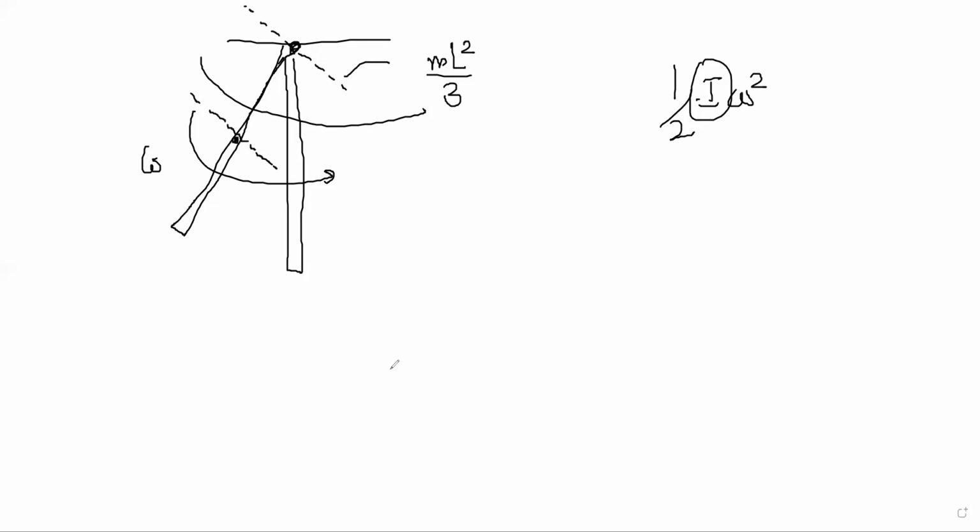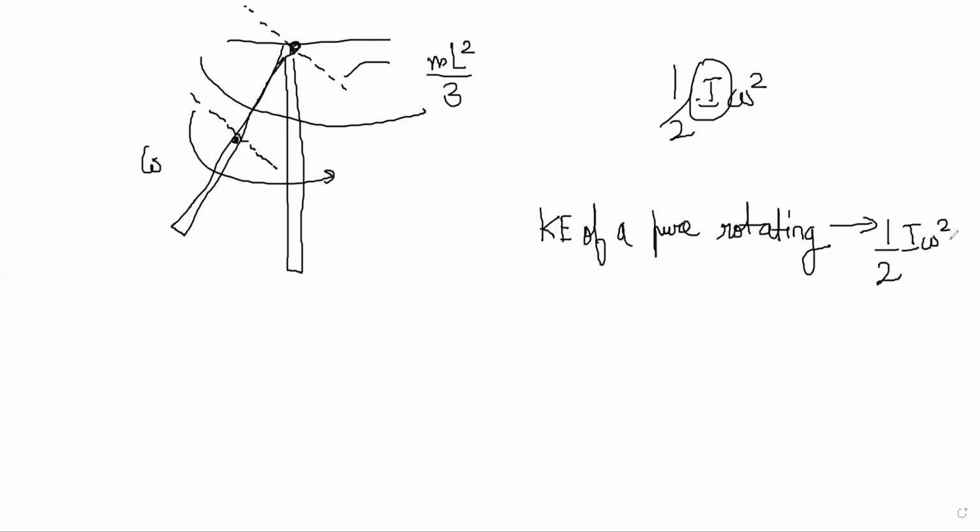Then kinetic energy of a rotating body. Right now he has done just kinetic energy of a pure rotating body. Later he will also do kinetic energy of a body which is rotating plus translating. If it is pure rotating, you can just write this. But if it is moving at the same time as rotating, then you will have to add some extra terms to that.